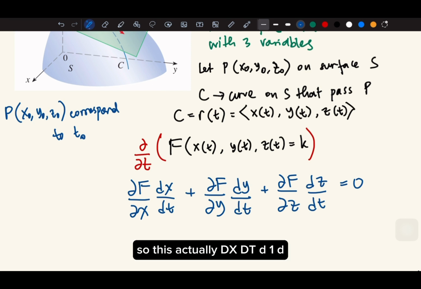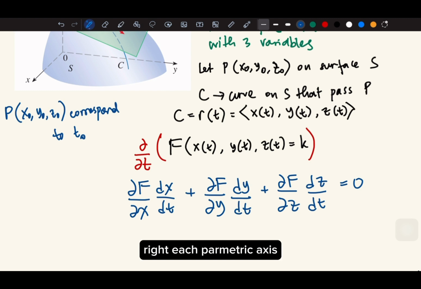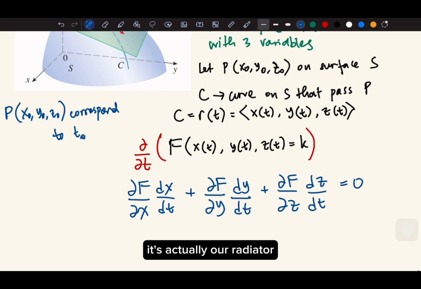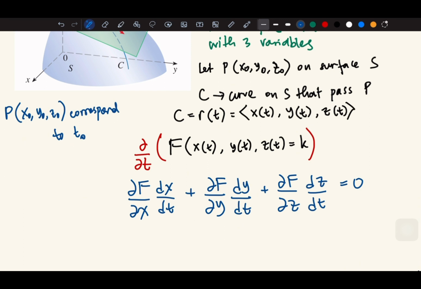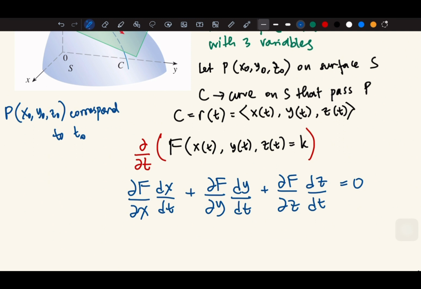So dx dt, dy dt, dz dt, we can think of as the first derivative of each parametric axis, right? And the partials are actually our gradient vector. So we can set this up as a dot product. This is a vector, and this is also a vector, the curve.